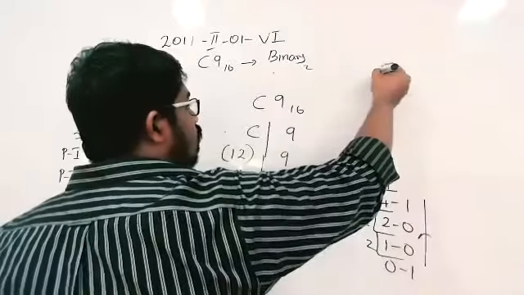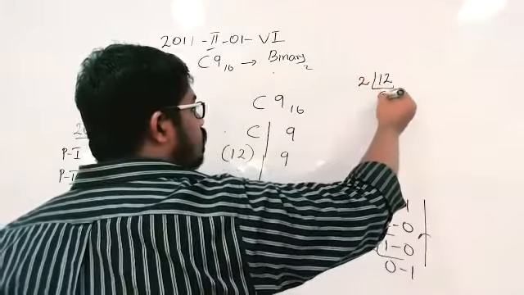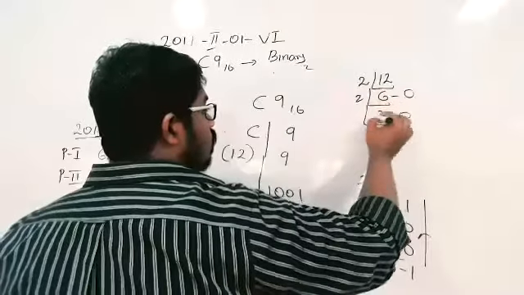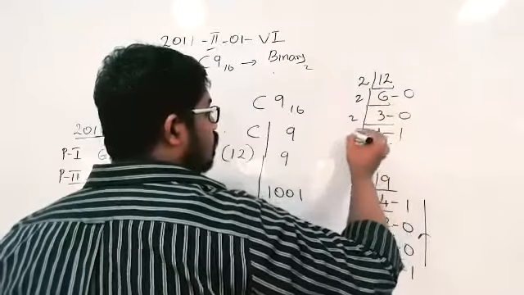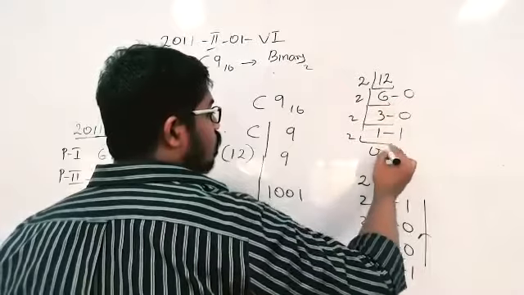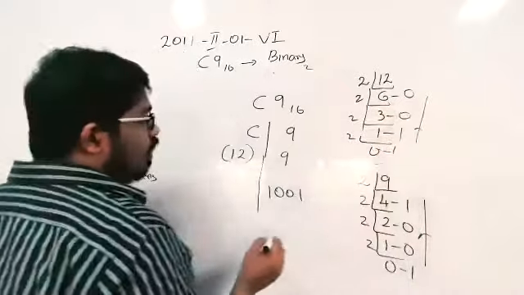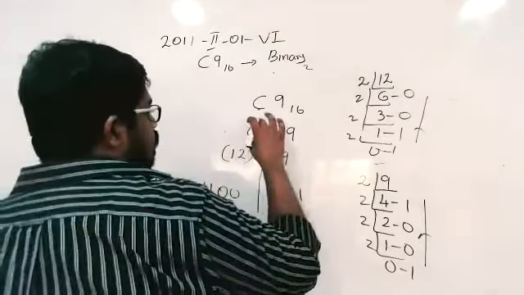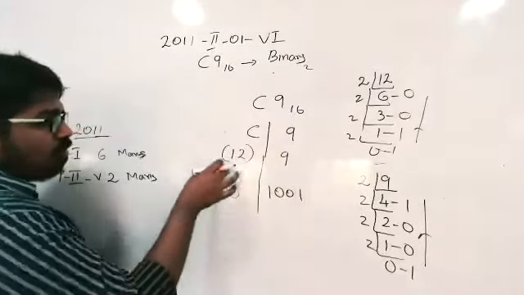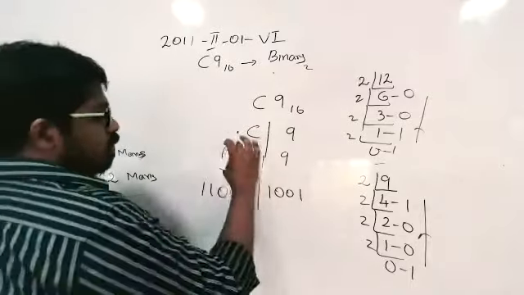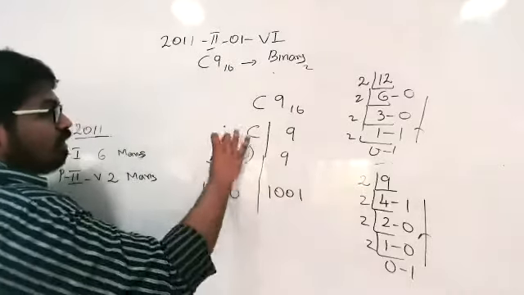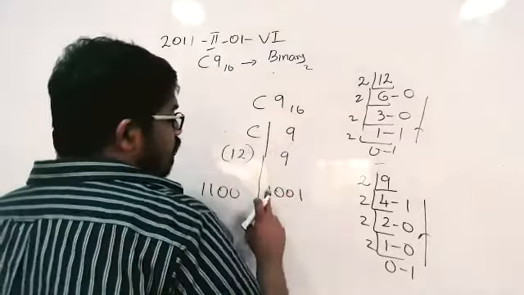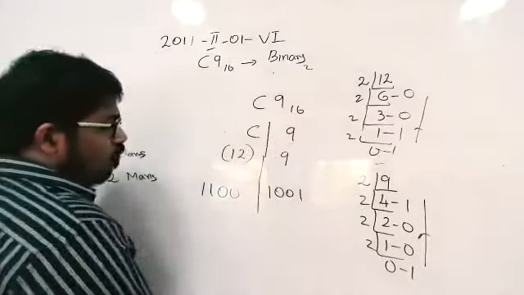12 divided by 2 is 6 remainder 0, then 3 remainder 0, then 1 remainder 1, then 0 remainder 1. So the answer will be 1 1 0 0. So when you convert C into binary format, first you have to determine the decimal value, which is 12, then convert it into binary 1 1 0 0. 9 is 1 0 0 1.